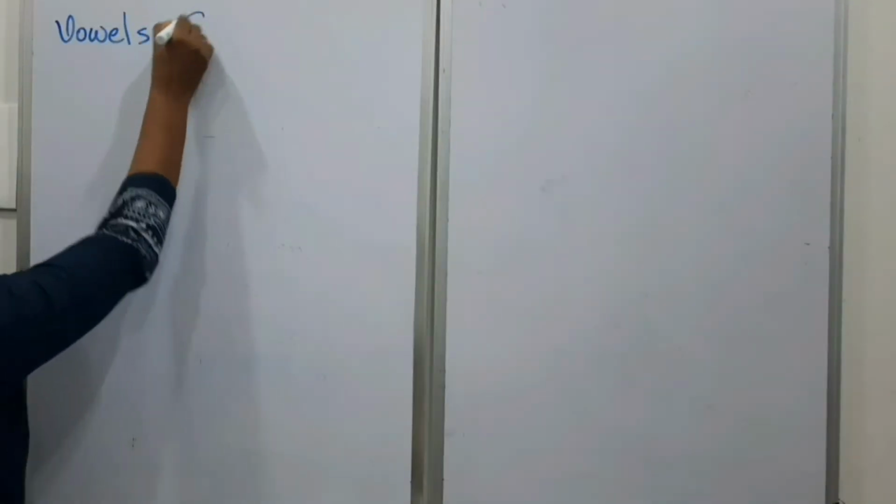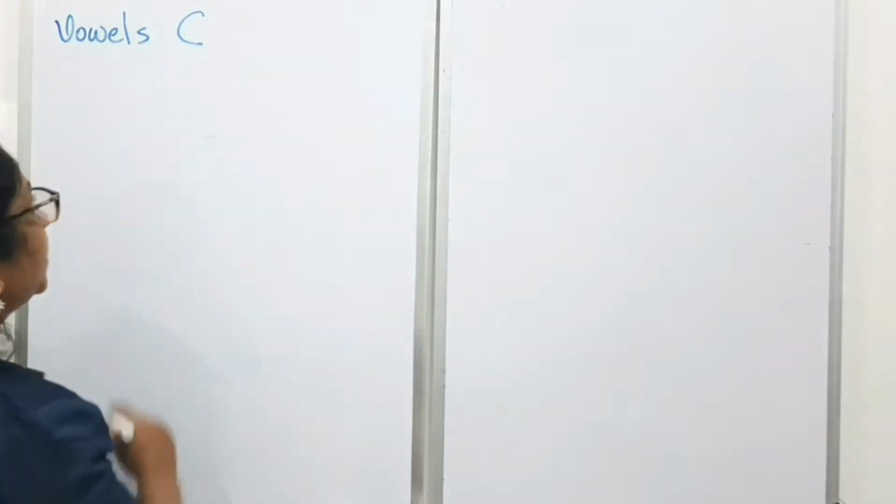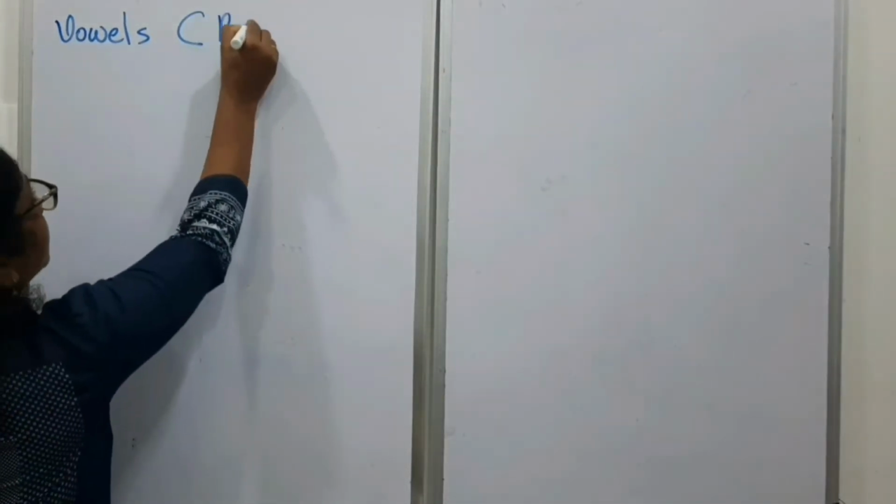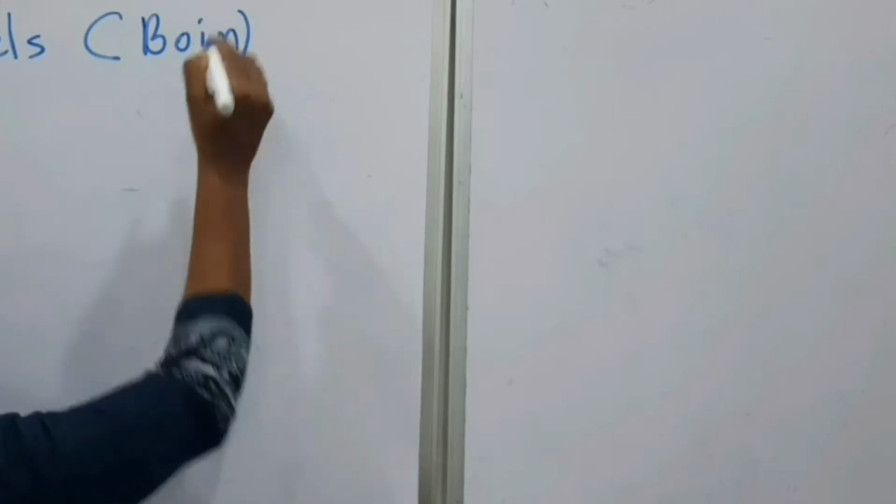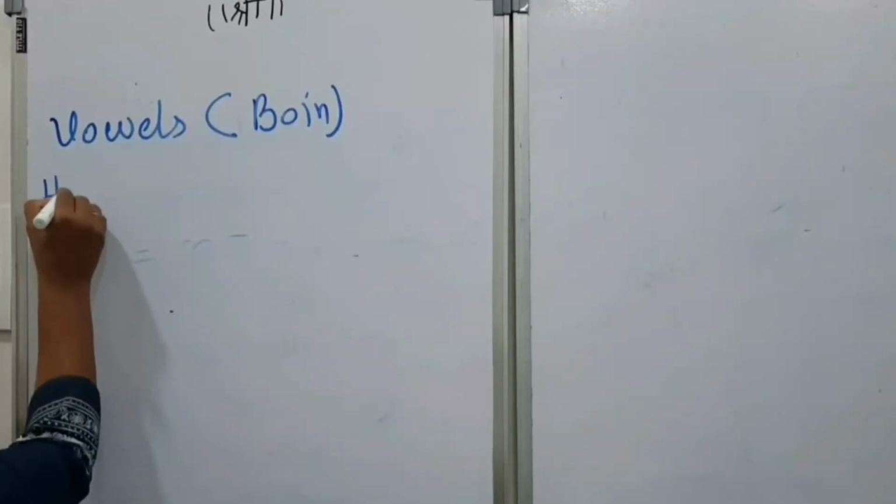So let us start from the vowels in the Japanese language. In Japanese, they are called boin. First we will see them in Hiragana.